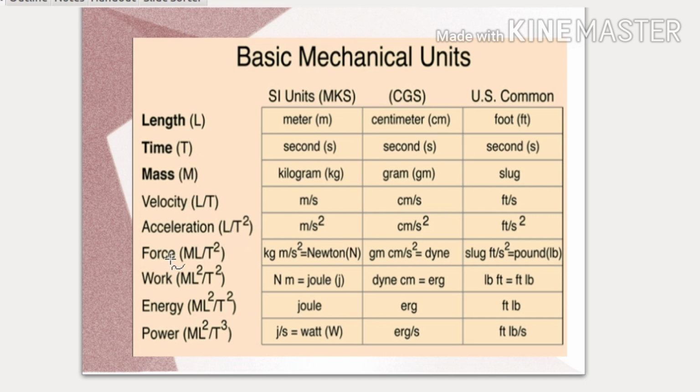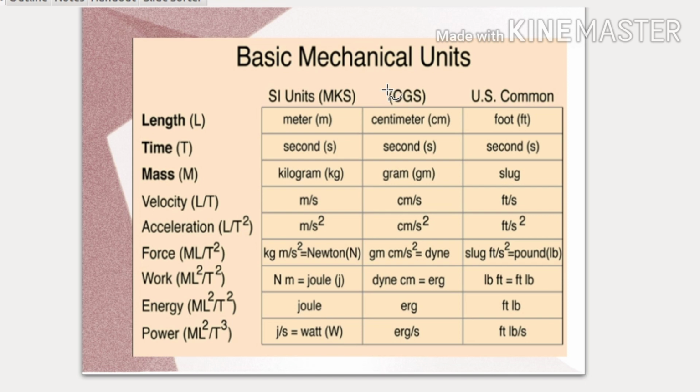And now their SI unit, CGS unit and US common units. Every region, every country, due to less collaboration, was measuring in different units, and then a system was made for the units so that a unit can be accepted internationally.